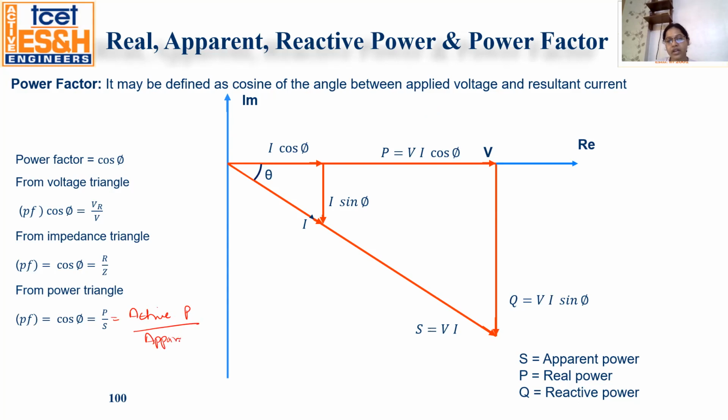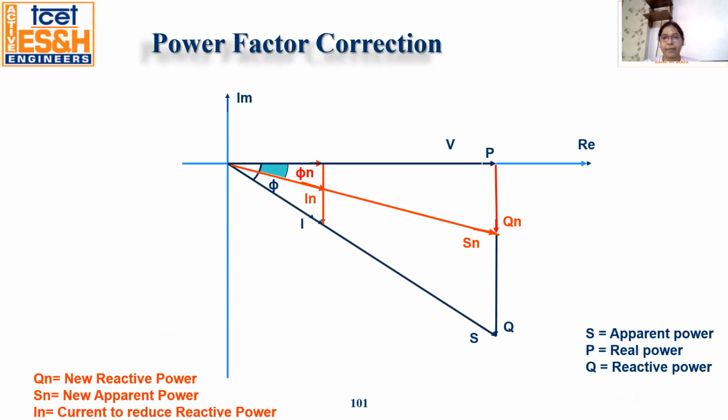Apparent power is the total power, whereas active power is the actually utilized or effective power. See here, this is the P equal to VI cos phi, this is the reactive power Q equal to VI sin phi, and the resultant power is VI. This is the angle phi, and this represents the cos phi.